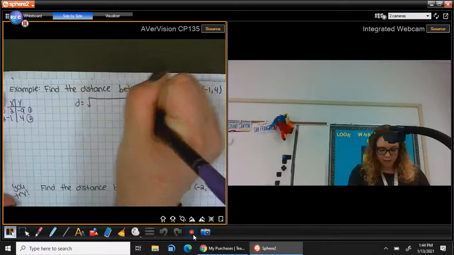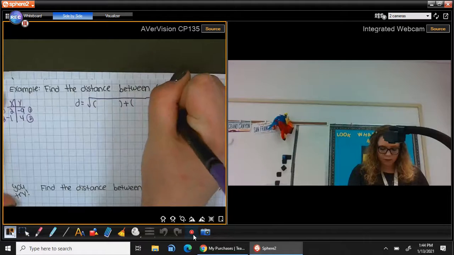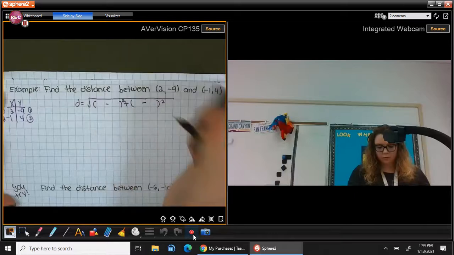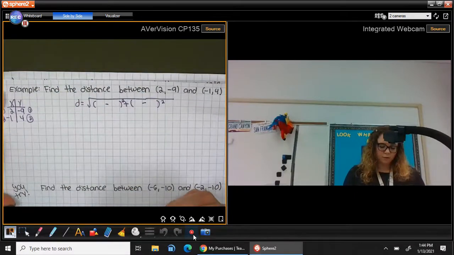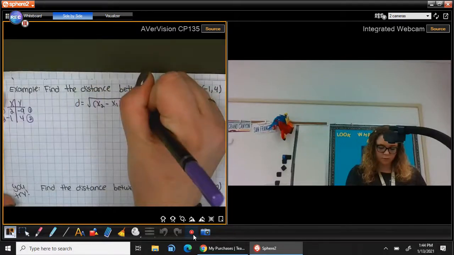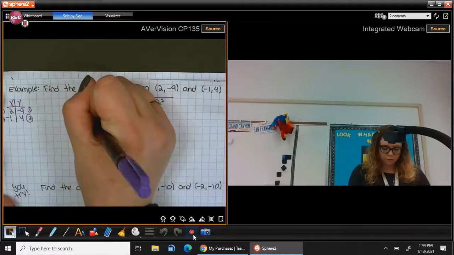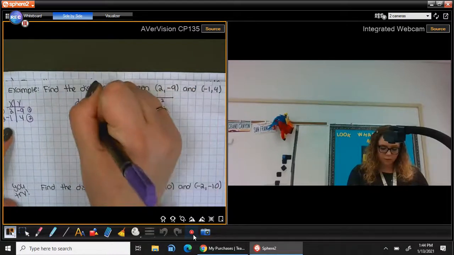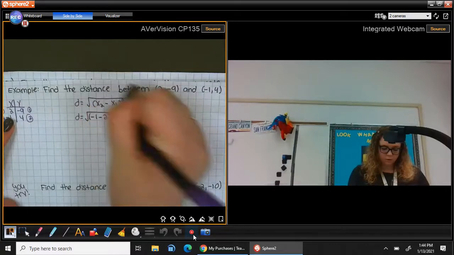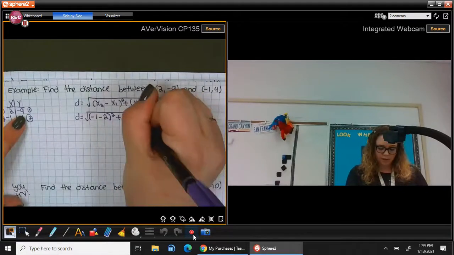And it's going to have a hat, 2 eyes, a nose, square both sides. x2 minus x1, y2 minus y1. And now I'm going to plug in my values. So d equals x2 -1 minus x1 is 2 plus y2 is 4 minus y1 is -9.